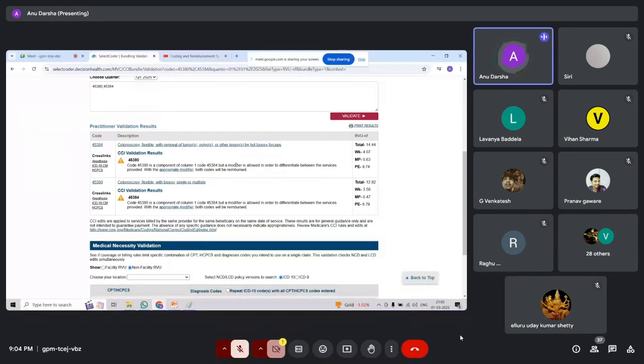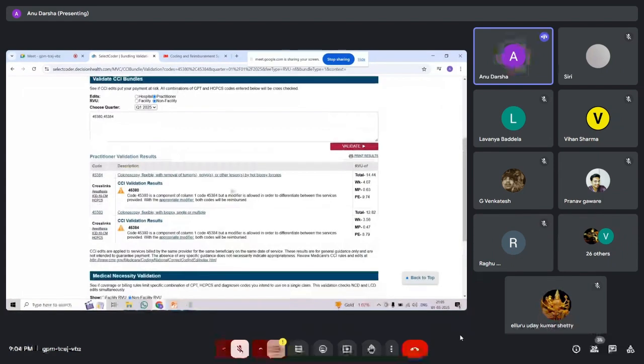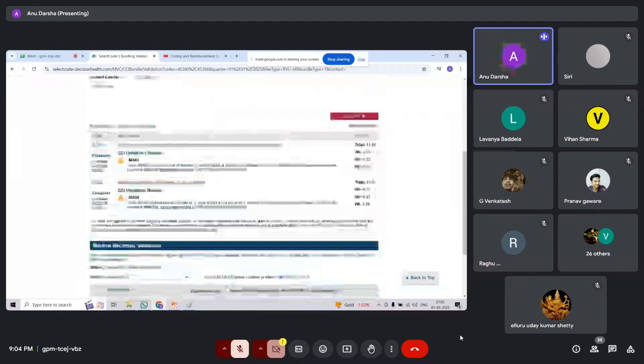As a coder, I have read the report and I know that these two are two different procedures. One they have done for diverticulosis and one for the polyp. So these are two different medical necessities. I know that these two are different, but this software doesn't know. So we have to give a modifier to unbundle it.